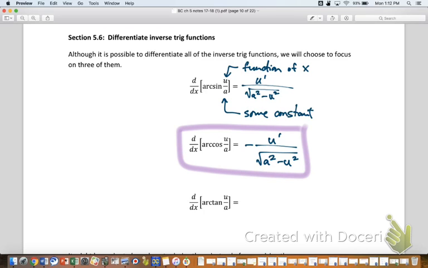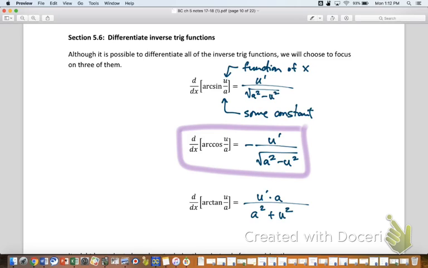Now, Colin, what about the derivative of arctangent of u over a? u prime times a over this other stuff. u squared plus a squared. There we go. I think classically it's written as a squared plus u squared, but of course that makes no difference.